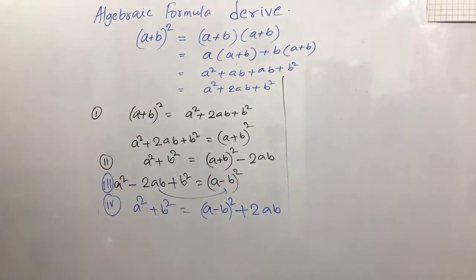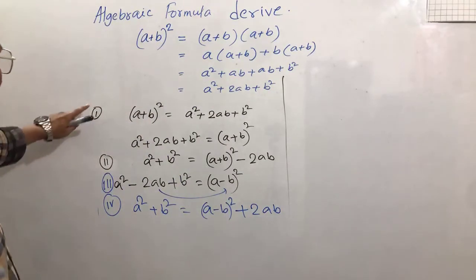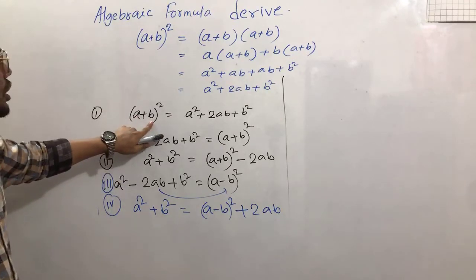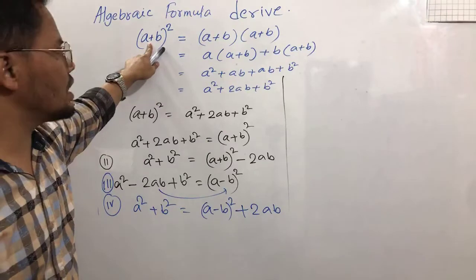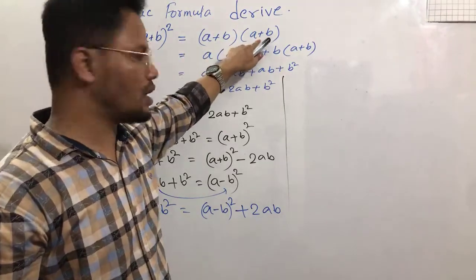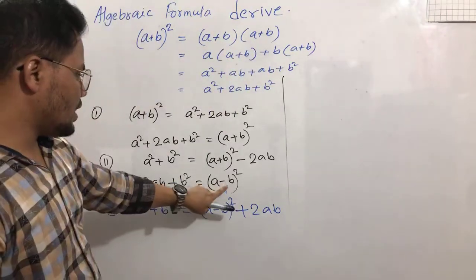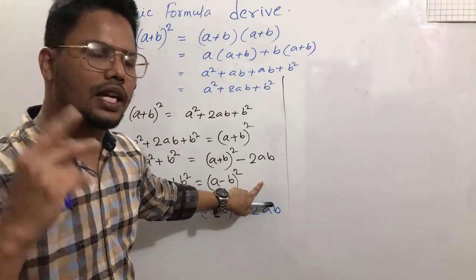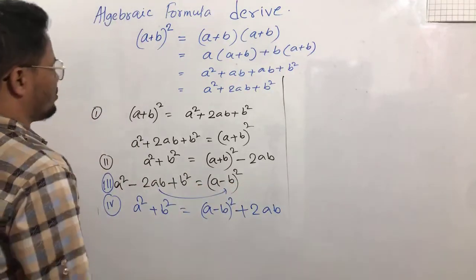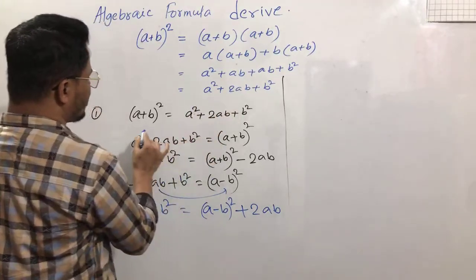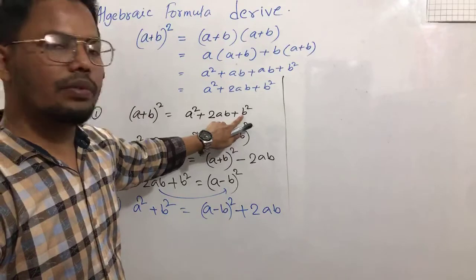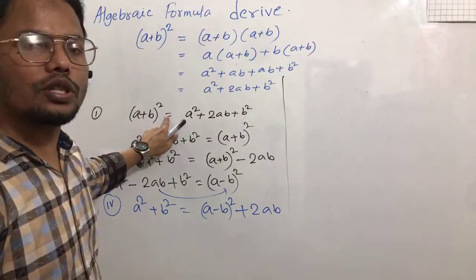So dear students, what we see is the relation between them. Basically, a plus b whole square comes from the multiplication of a plus b and a plus b. Similarly, a minus b whole square is the multiplication of a minus b with another a minus b. From the first multiplication, we can derive the formula a square plus twice ab plus b square equals a plus b whole square.